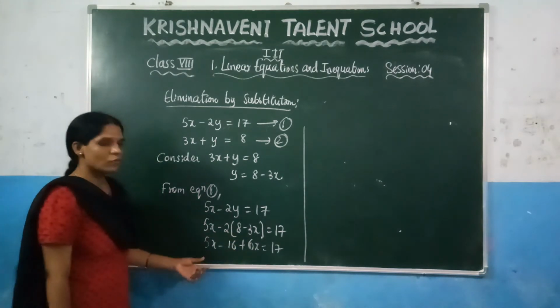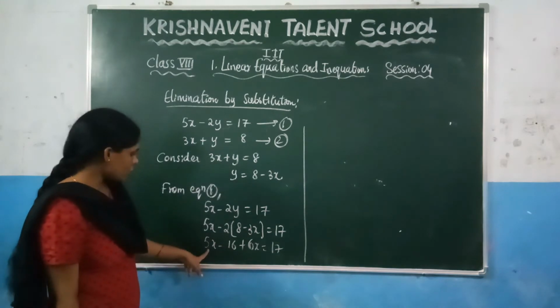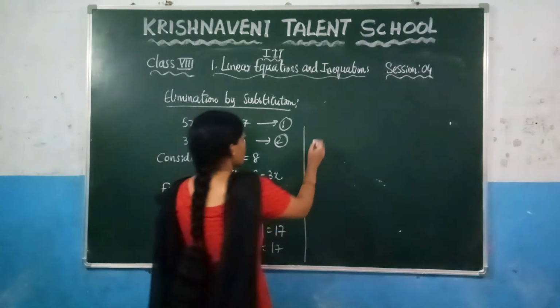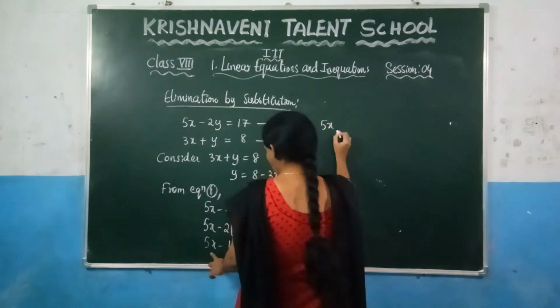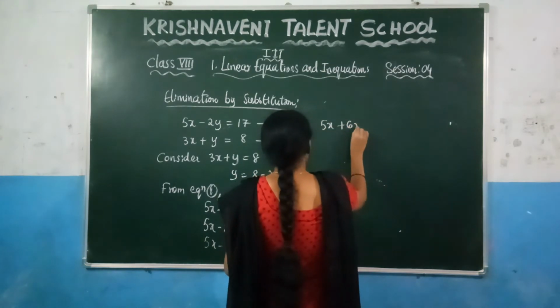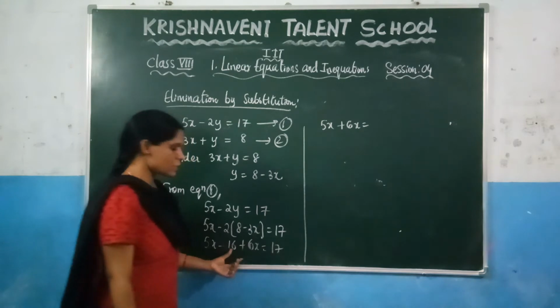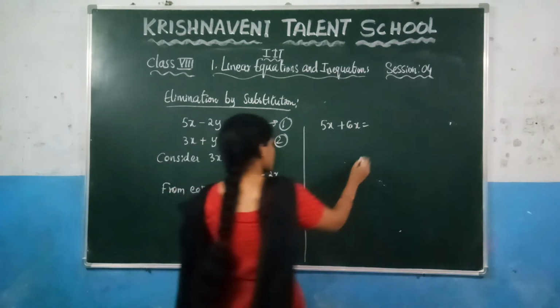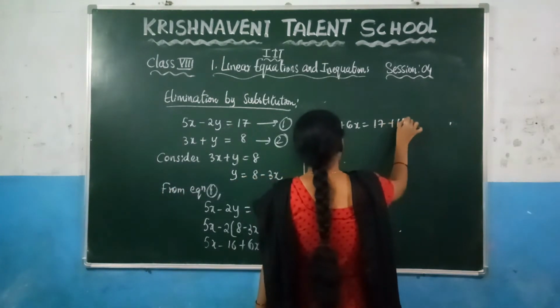Now you need to find the value of x here. Write all the variables to one side. So 5x plus 6x is equal to, take this minus 16 to the right hand side, it will become plus 16, so you will get 17 plus 16.